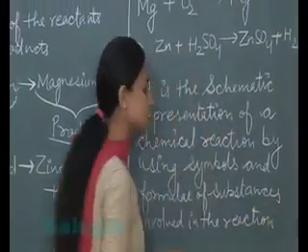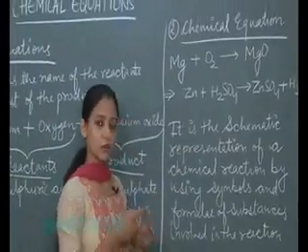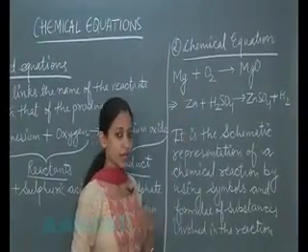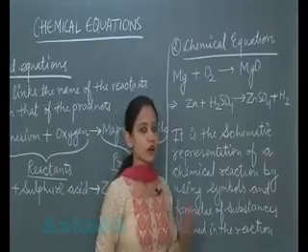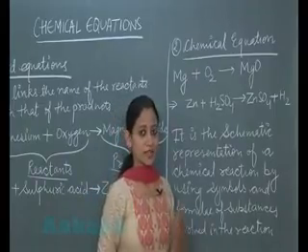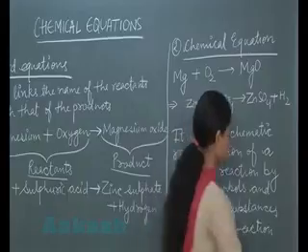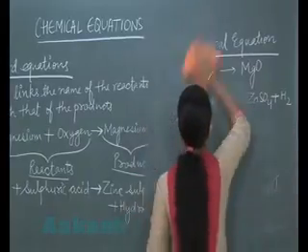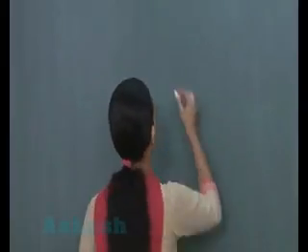Now I hope students, two types of equations, word equation and chemical equation, is clear to you. Next students, we will study what are unbalanced and balanced equations. Now students, let us study what are balanced and unbalanced chemical equations.